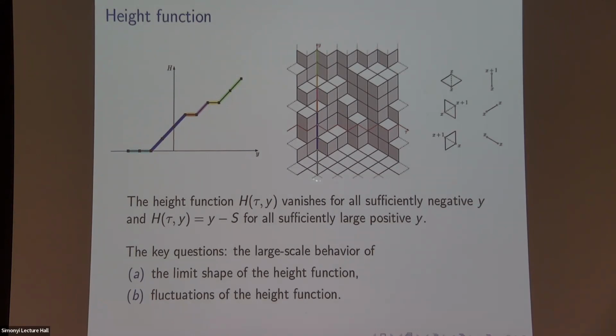If we, for example, go along this vertical line, then here we don't have any cubes, so the height function is equal 0, 0, 0, and here we start climbing up. So this is 1, 2, 3. Here it stays the same. It's still 3, 4, 5. Still 4, 5, 6, and so on.